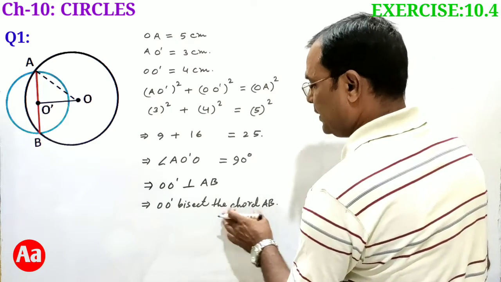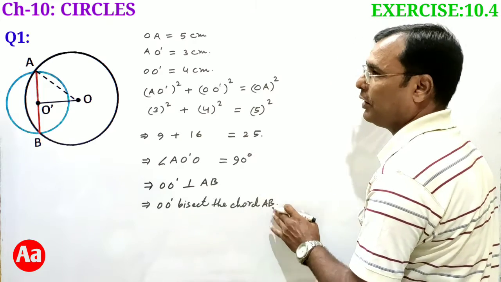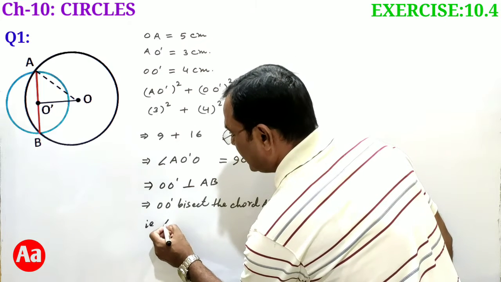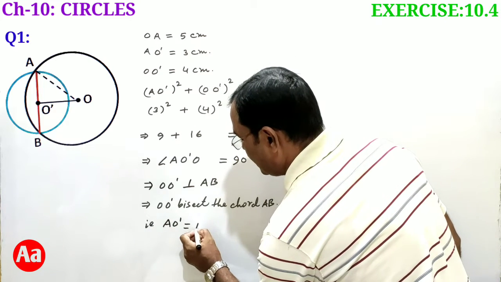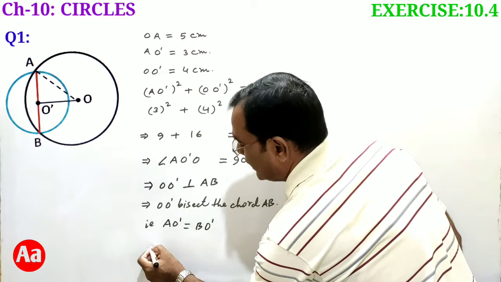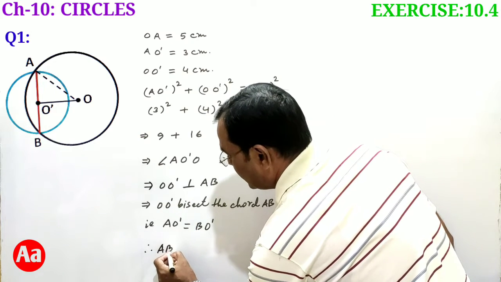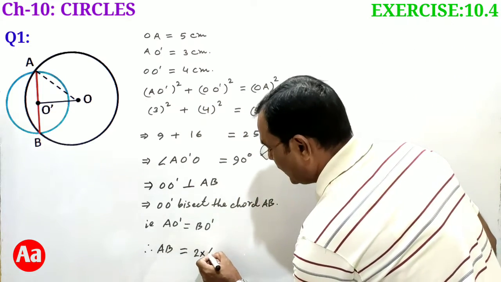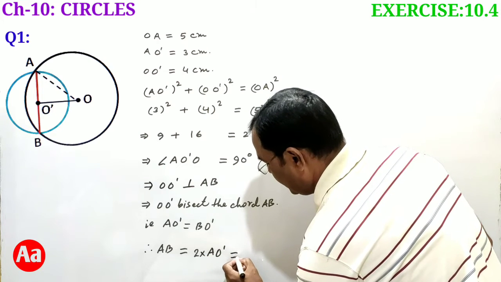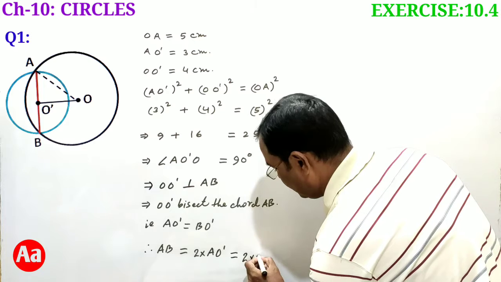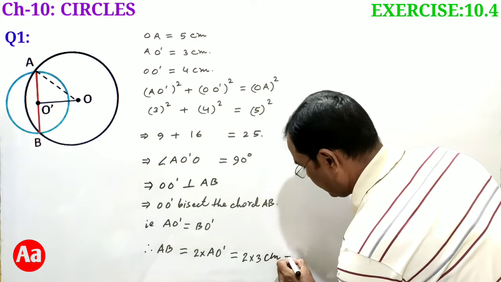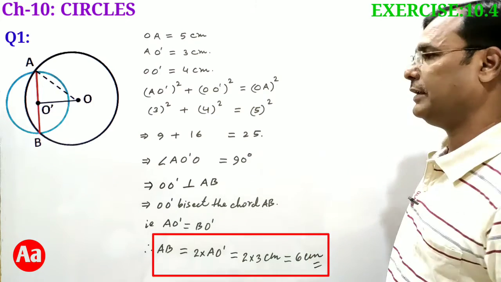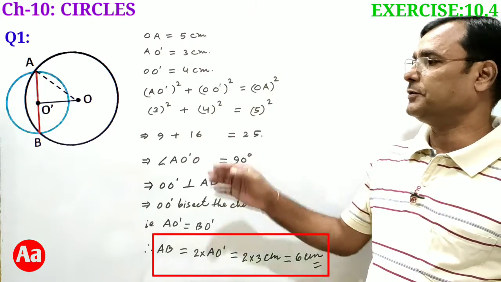So that means OO dash bisects the chord AB. That is, AO dash is equal to BO dash, and therefore AB, the length of the common chord, is equal to 2 into AO dash, which is equal to 2 into 3 centimeter, equal to 6 centimeter, and this is the length of the common chord AB in this figure.